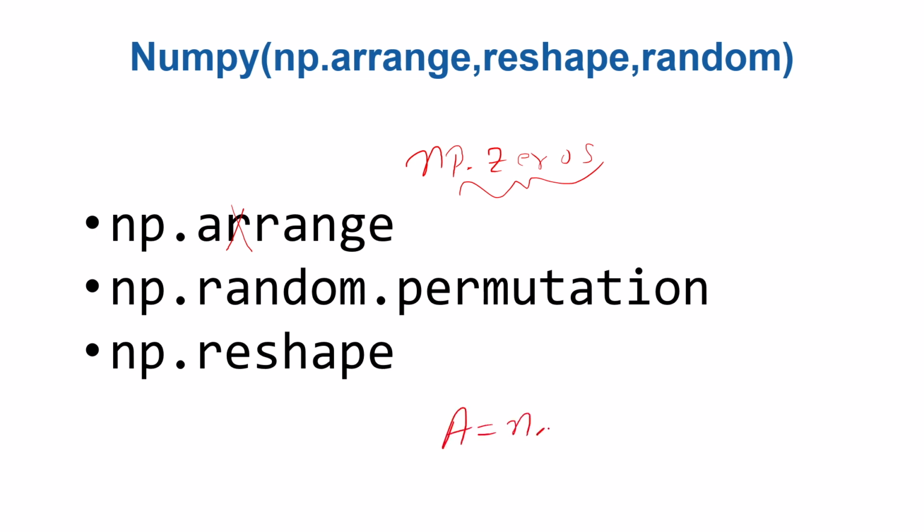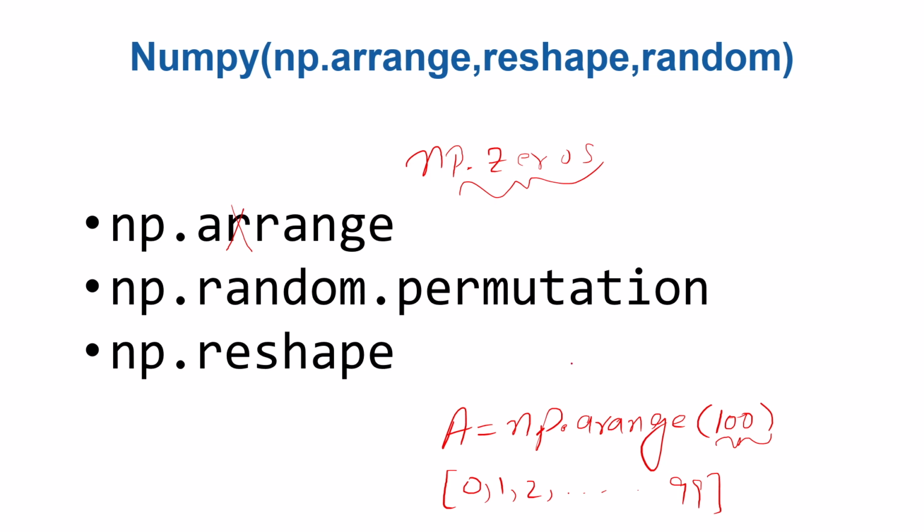For example, if you say np.arange(100), it creates a 1D array that starts from the values 0, 1, 2, all up to 99. So that's a quick way to create an array with all the numbers till 100.